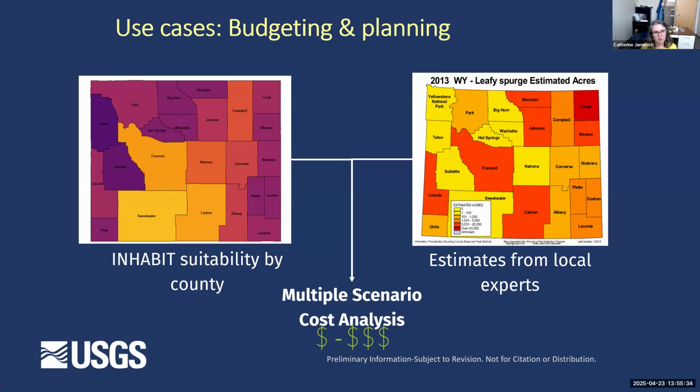That's the maximum number of acres that you might expect for a species to be established there. And then from county weed managers, they got estimates of how much of that county was already invaded by that species. And so they could compare those to get an idea of how bad it could get and come up with different scenarios related to cost analysis for control.